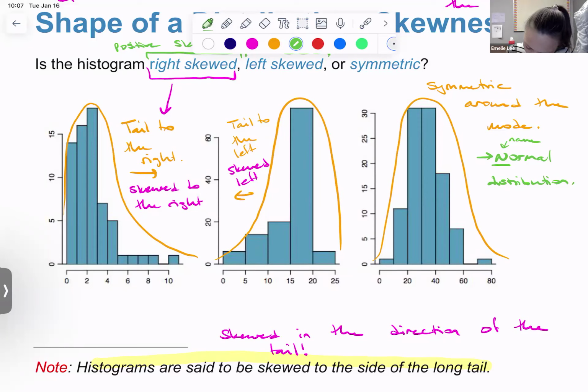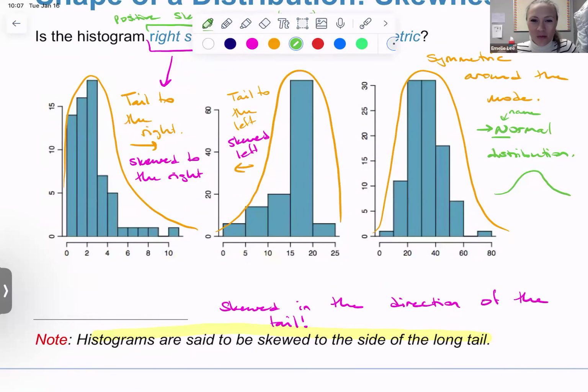Okay, and so a normal distribution looks something like this. We're going to talk a lot about normal distributions. So a lot hinges on being able to determine the shape of a distribution. And then we'll be able to talk about things like the center and the spread of the distribution. To describe a distribution, we said we would have to talk about the shape, the center, and the spread. So they're all linked together.